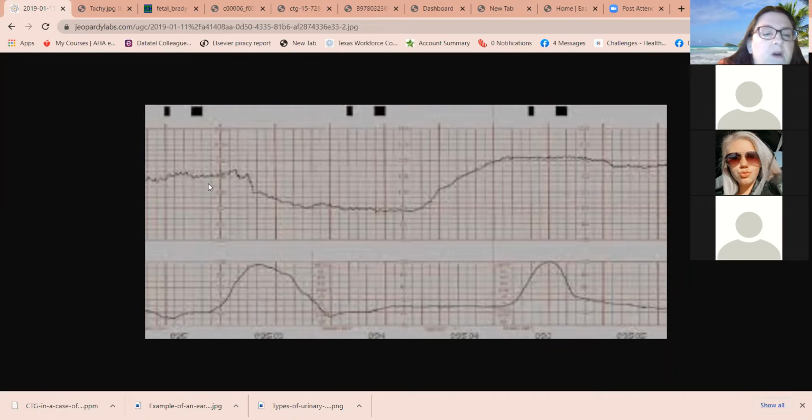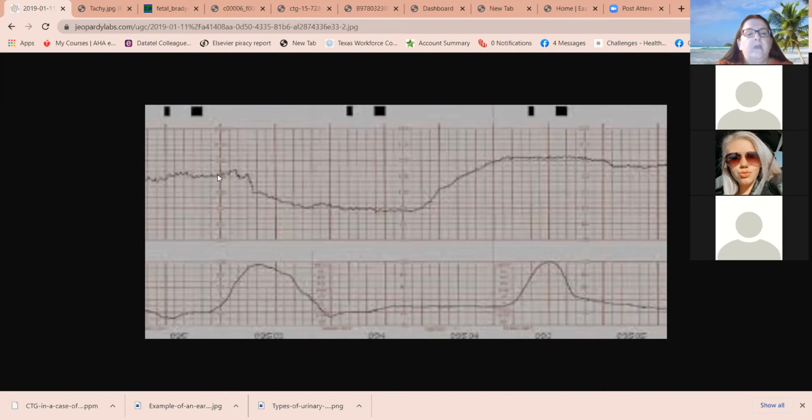We're going from 130 to 160. I would say probably 120 to 160. No, that's 120. Okay, so from about 140 to 160, so moderate.